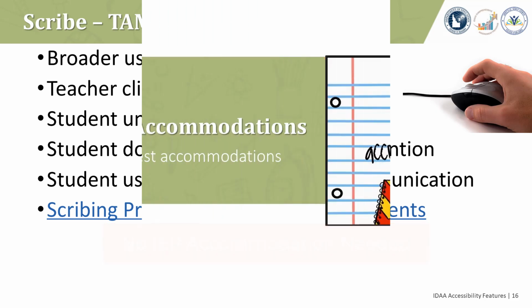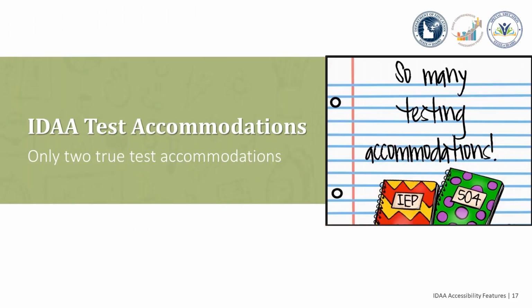Let's switch gears and talk about test accommodations for the Idaho Alternate Assessment. Remember, all the accessibility features I have discussed so far are considered universal supports and do not require IEP test accommodations for students to use them.